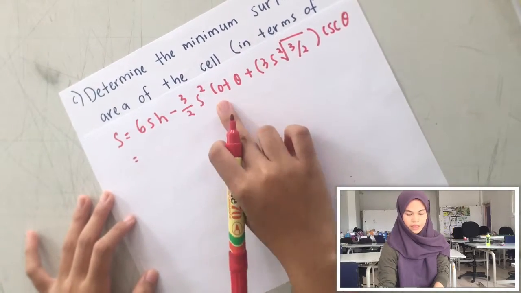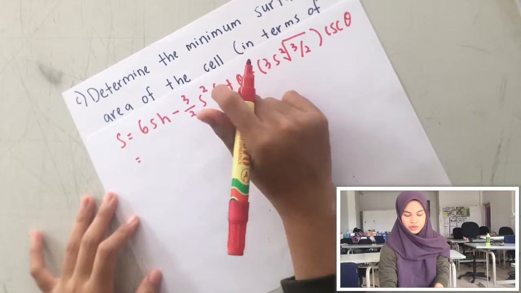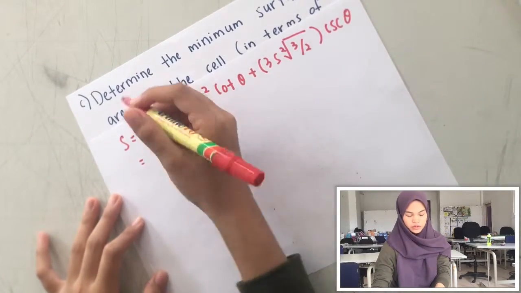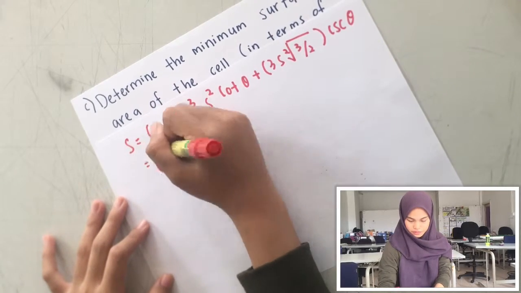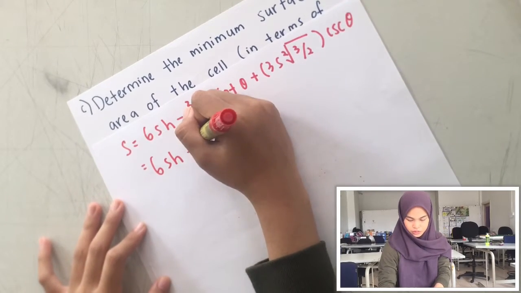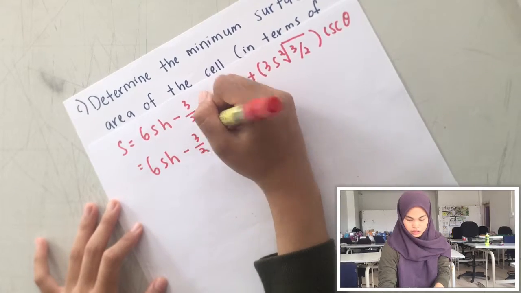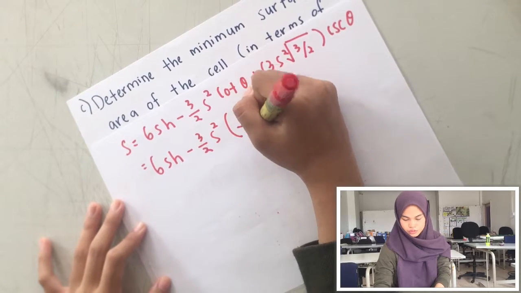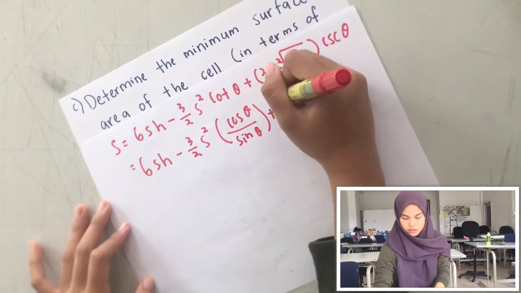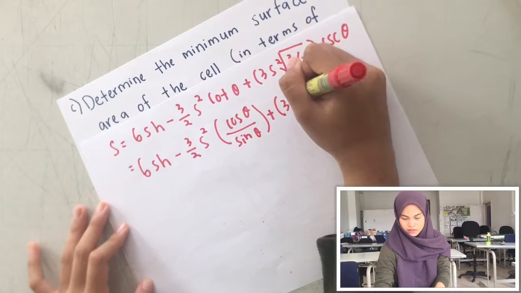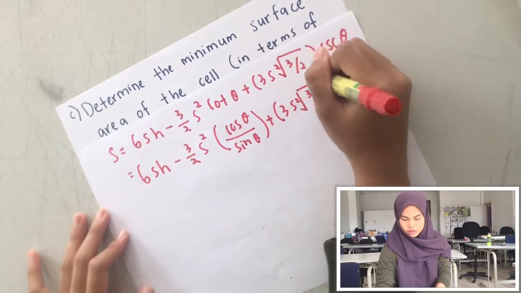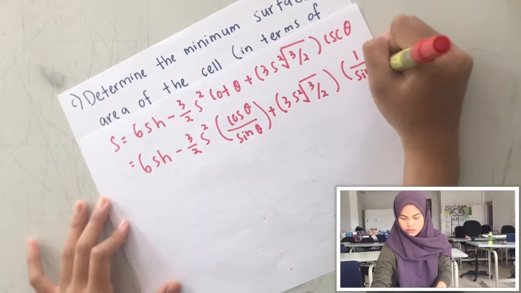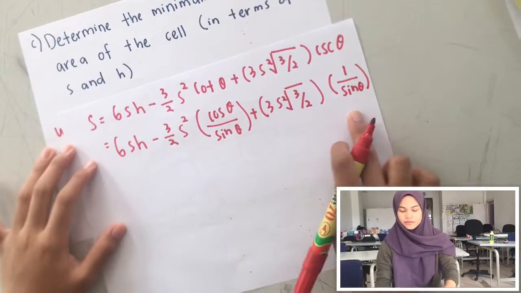So from here, for cot theta and cosecant theta, we know that cot is cos over sine, and cosecant is 1 over sine. So we substitute it. 6sh minus 3 over 2 s squared cos theta over sine theta plus 3s squared square root 3 over 2 times 1 over sine theta. So now we have this equation.